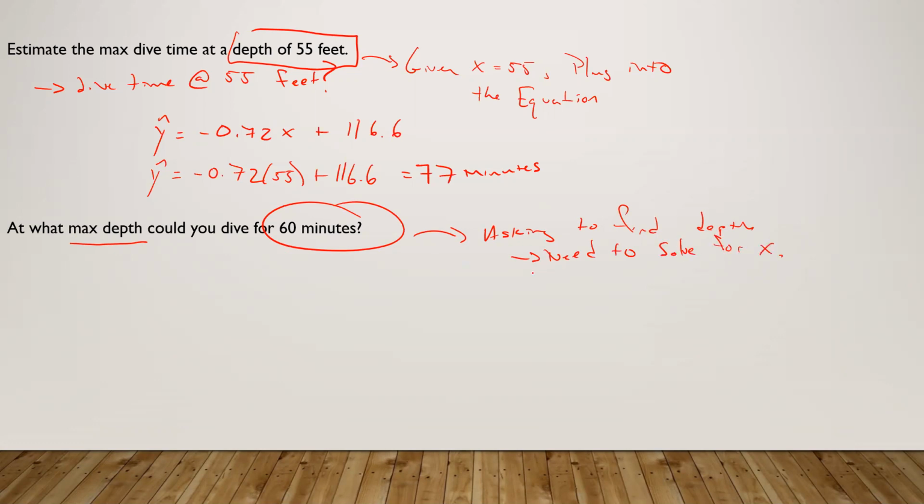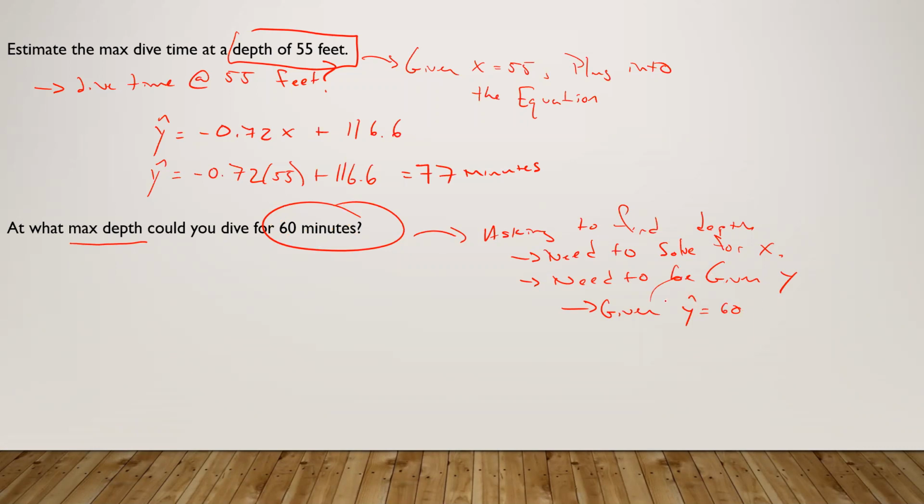If you're going to solve for x, I need to give you y, and I do tell you that: the max dive time is 60 minutes. So we're given that your estimated max dive time is 60 minutes.